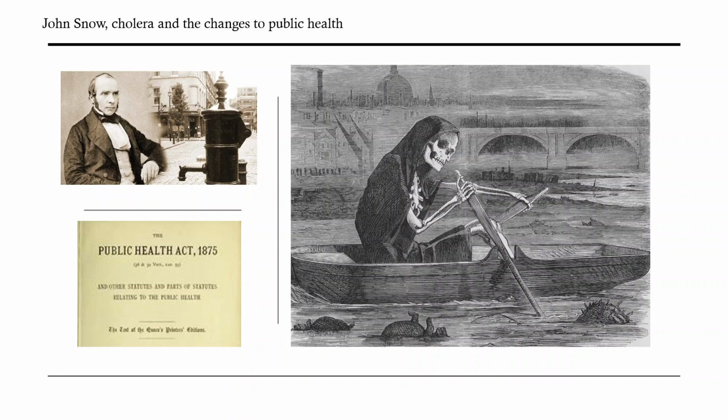So John Snow used the scientific method a little bit. He mapped out Soho. He found that 500 people had died in 10 days, and he found the source of water that they were getting their water from was that one pump. He takes the handle off, and the cholera outbreak stops in that particular area.